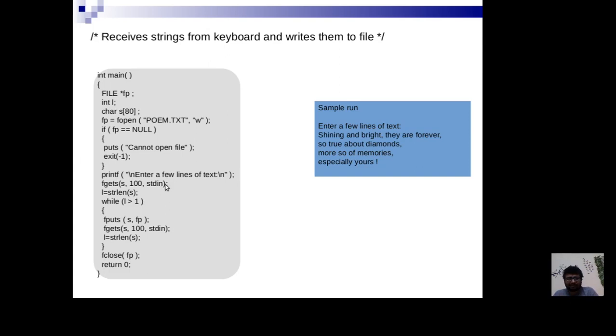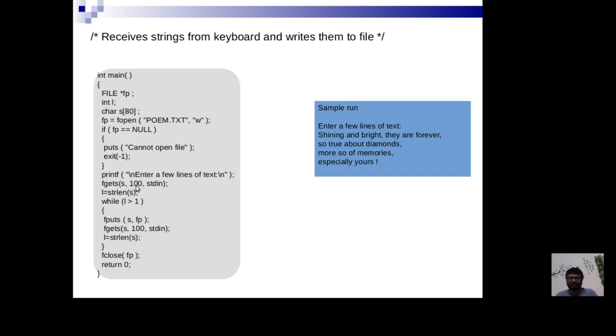Now, we will be using the fgets function to accept from the user the lines that he or she will enter through the keyboard. So here, s denotes the character array where we are going to store the line. 100 is an upper bound on the size of the line. 100 is anyway more than 80.